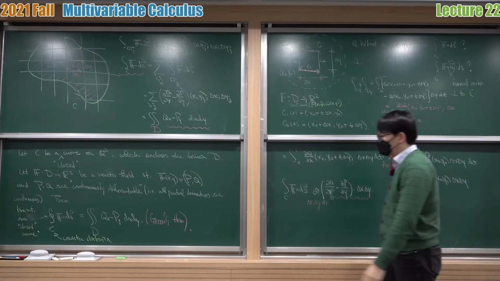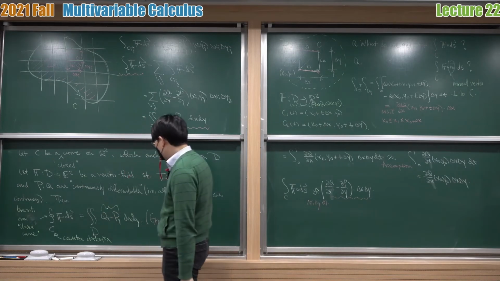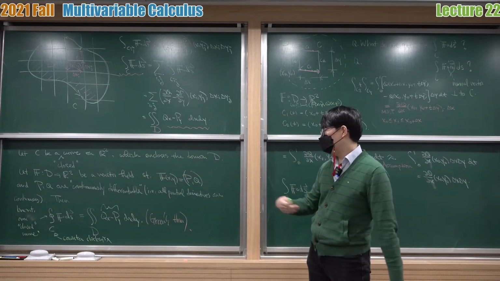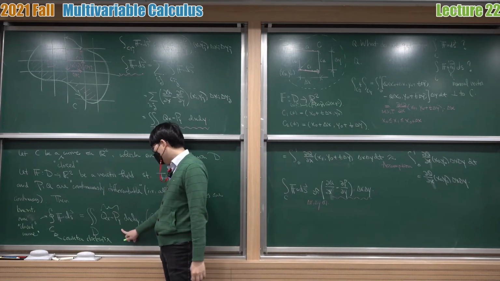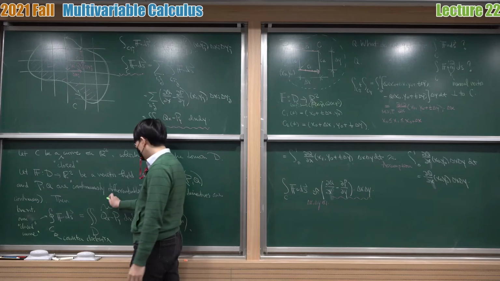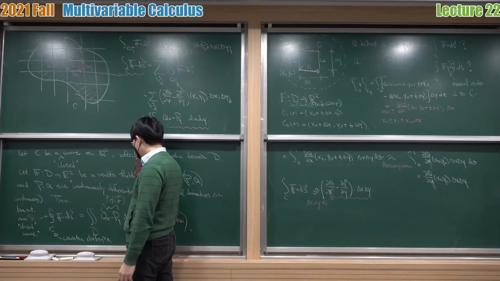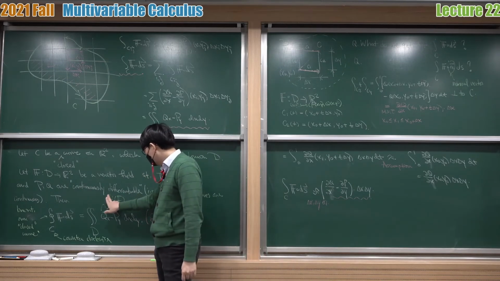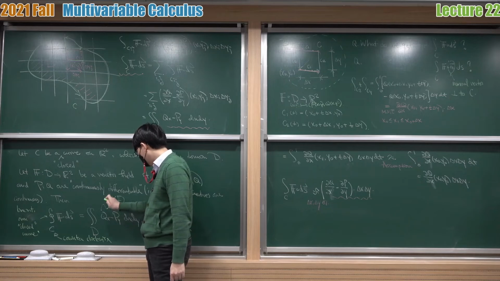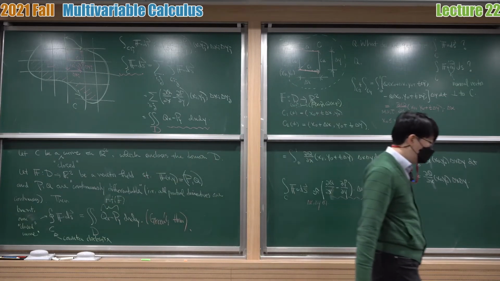And here's a name for this also. Because we can't provide every time what P and Q are, we can abbreviate this Qx minus Py as the rotation of F. Okay, rot of F. I didn't use curl yet, because curl is only for three-dimensional vector fields.